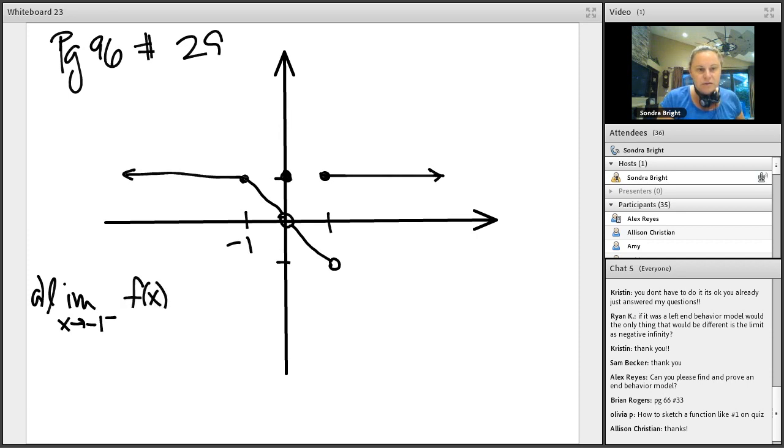The limit as x approaches -1 from the left, that means you're on this right here, and your y value is positive 1. So that's a 1. The limit as x approaches -1 from the right, you would be traveling along this guy, but its y value is still going to 1, so it's also a 1.